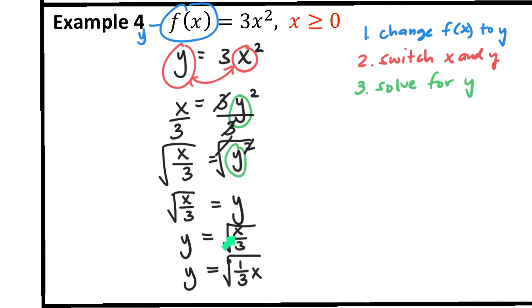You can write it as the square root of x divided by 3, or you can write it as the square root of 1 divided by 3 times x. So you can take the 1/3 and put it in front of the x, and it's the same thing.